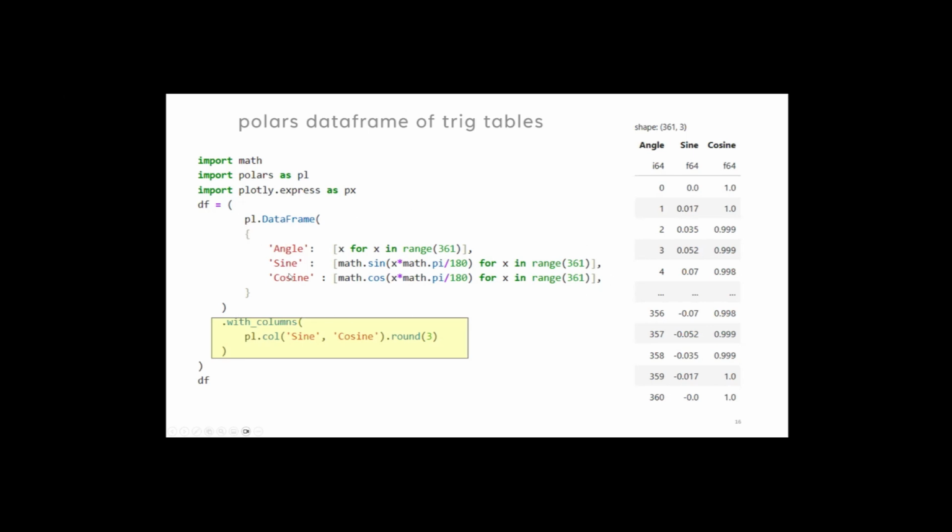It's just 3 columns with list comprehensions to make a trigonometry table of sine and cosine, 0 to 360. This area highlighted in yellow is polars-specific syntax. I didn't want to show 10 digits of information when 3 is enough and it's clear, so I told it to just round these columns to 3 digits. Pretty simple, and that's kind of it.